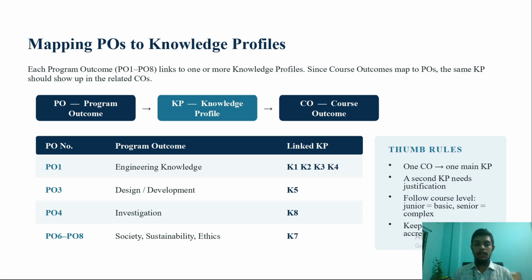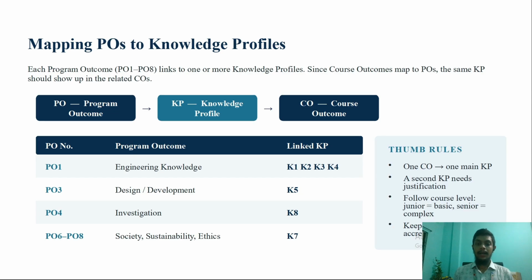So the program outcome is aligned with knowledge profiles, which then defines the course outcome. In this table, you can see that program outcome 1 is linked with K1, K2, K3, K4, and similar goes for PO2. PO4 is linked with K8, and PO6 to PO8 are linked with K7.